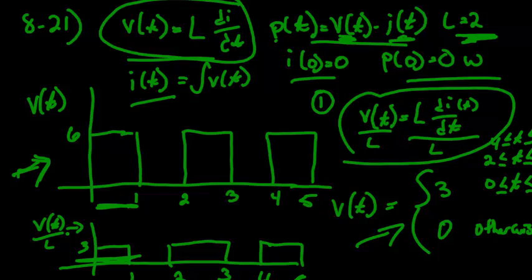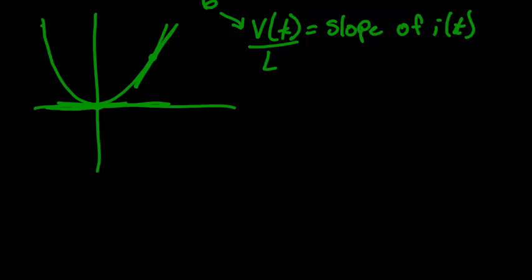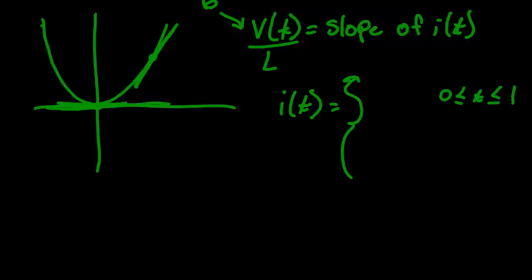So if V of t over L is the slope of I of t, then let's write out I of t on the interval 0 less than t less than or equal to 1. The slope of I of t is equal to V of t over L through this interval.